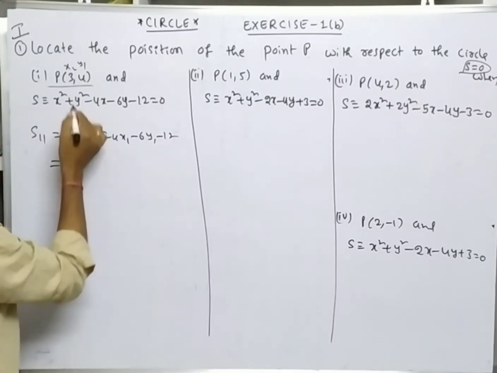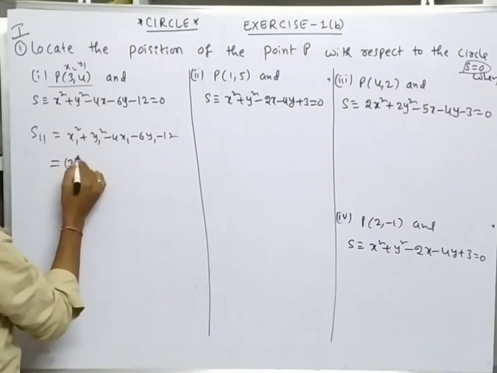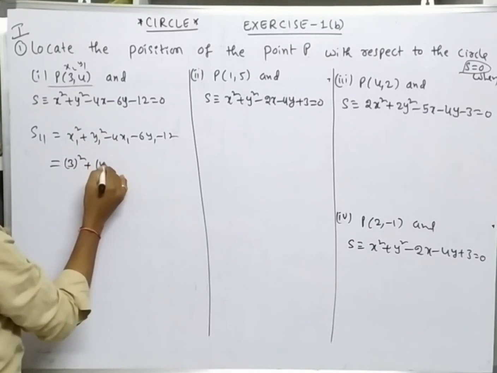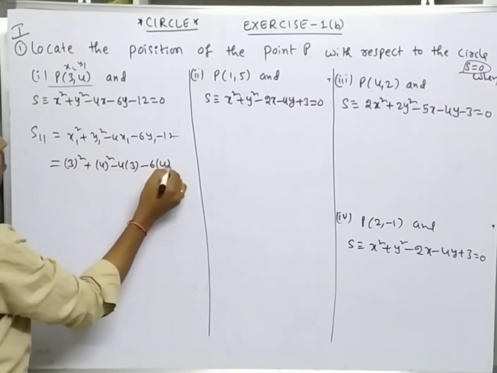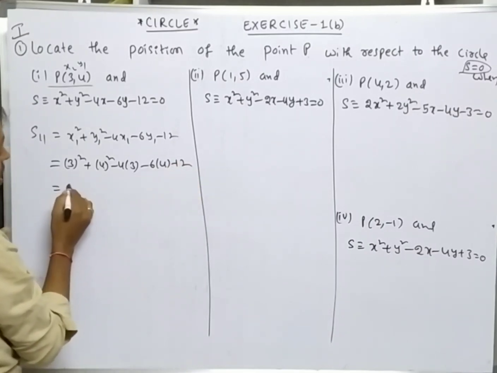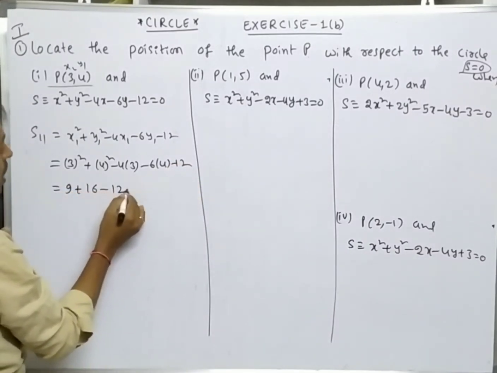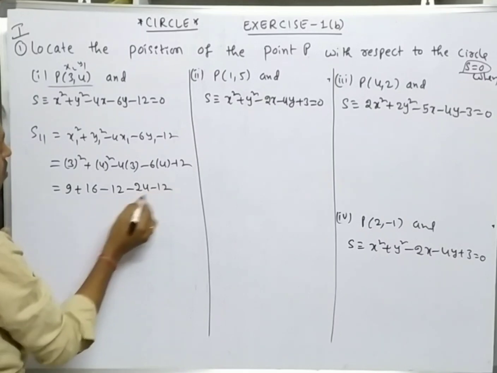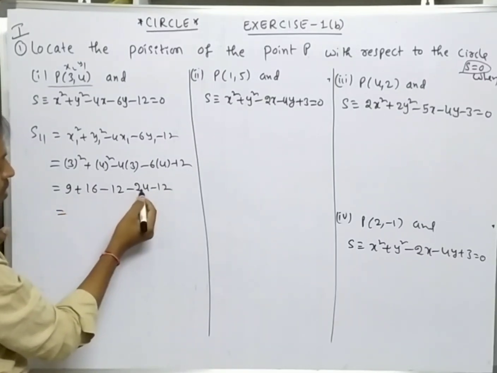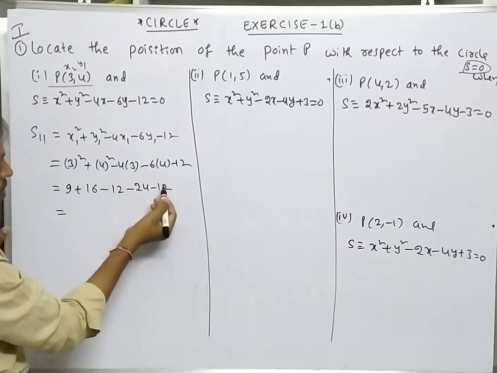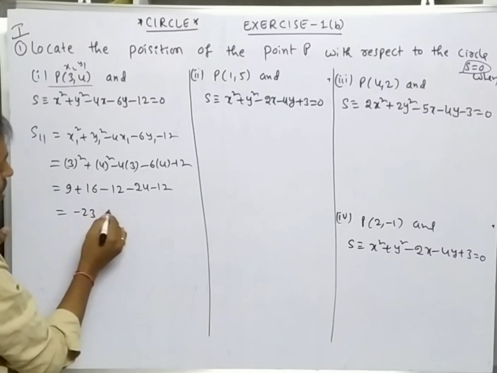So 3 square plus 4 square minus 4 into 3, minus 6 into 4, minus 12. 9 plus 16 minus 12 minus 24 minus 12. 16 plus 9 is 25, 25 minus 12 is 13, 13 minus 24 is minus 11, minus 12 gives minus 23, which is negative.